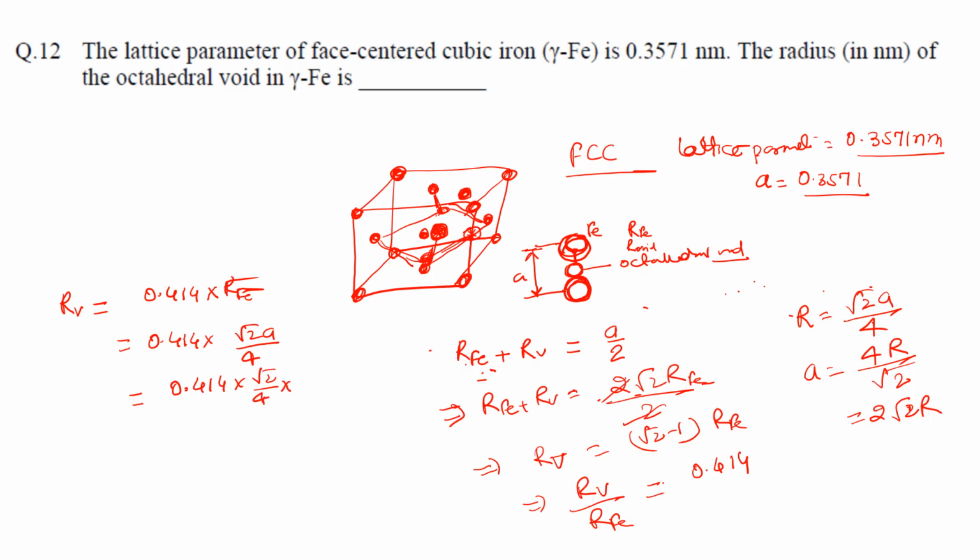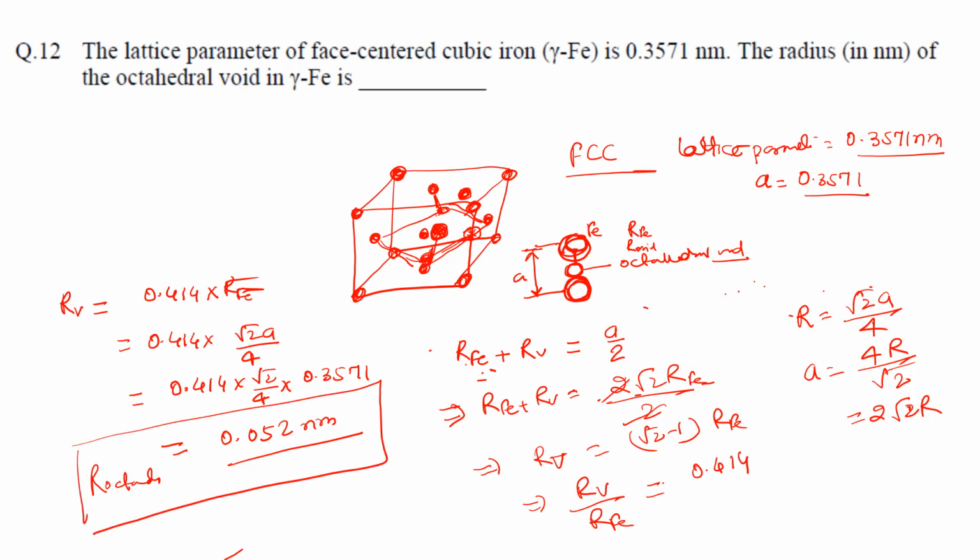Since the edge length is given, a will be 0.3571. If you do the calculation, you will find your answer, and this answer will be 0.052 nanometer. So this will be the radius of your octahedral void. Right, guys? So this is the method to solve this question.